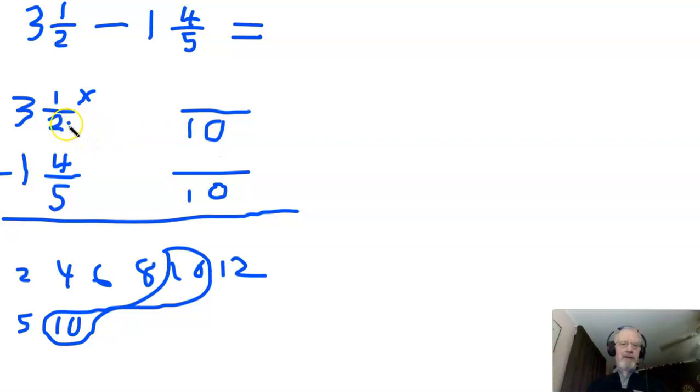I know that one. 2 times, look at this, 2 times 1, 2, 3, 4, 5 is 10. 2 times 5 is 10. And now I know what to multiply this one by. This numerator here gets multiplied also by 5.